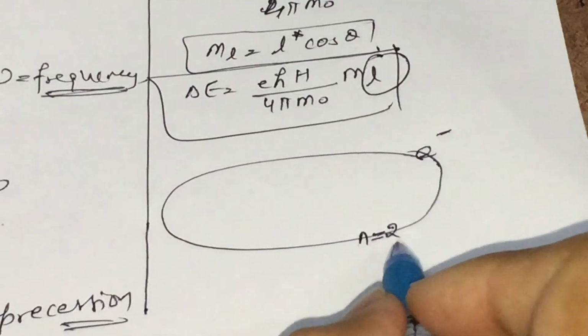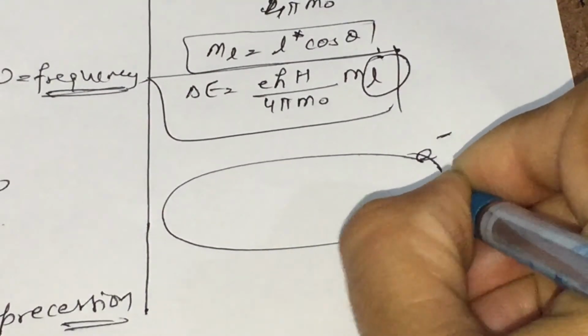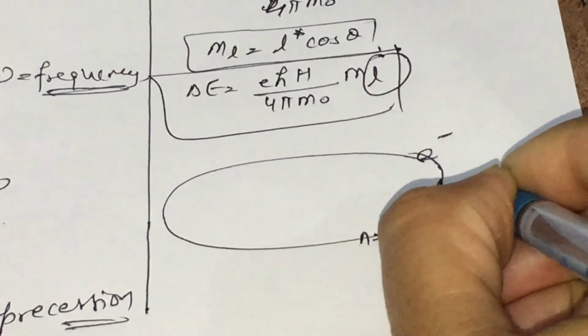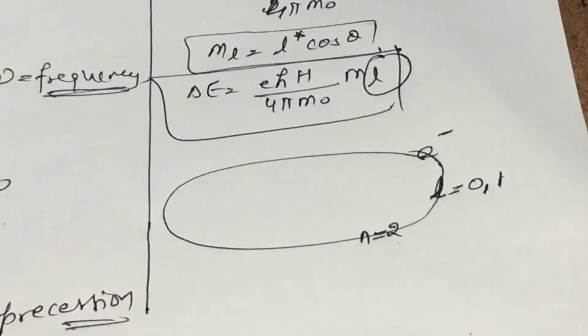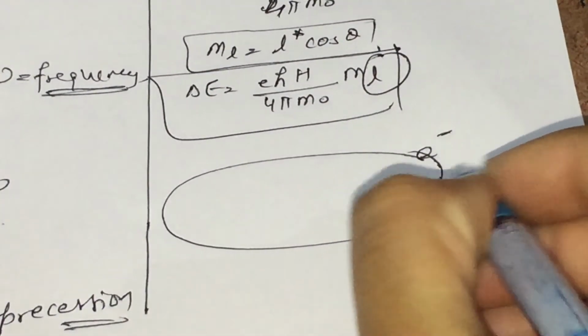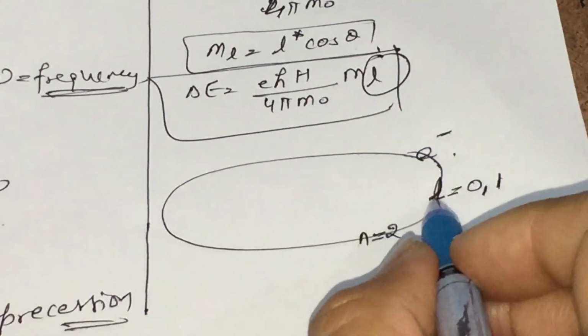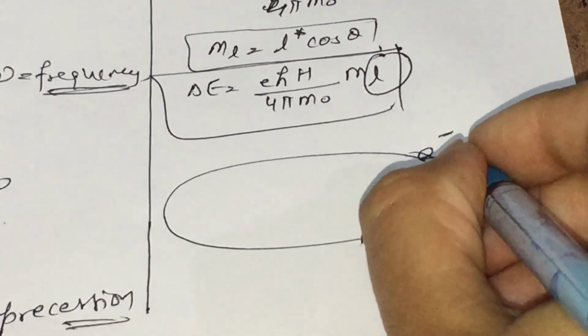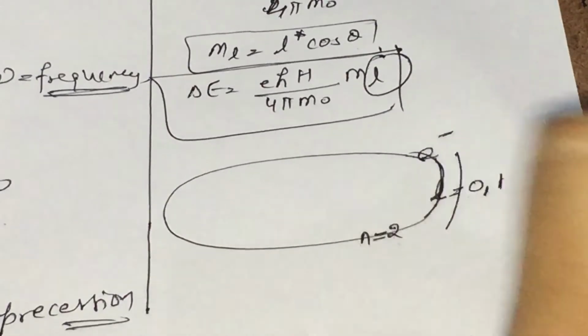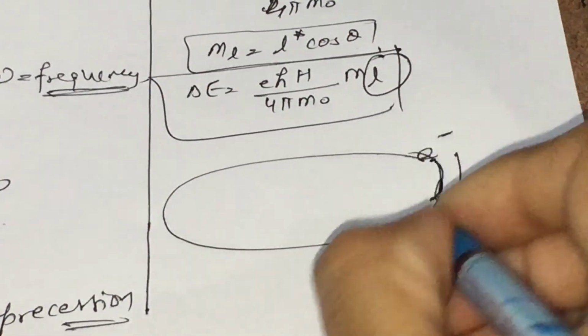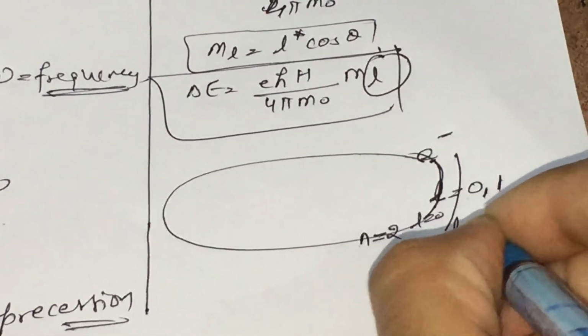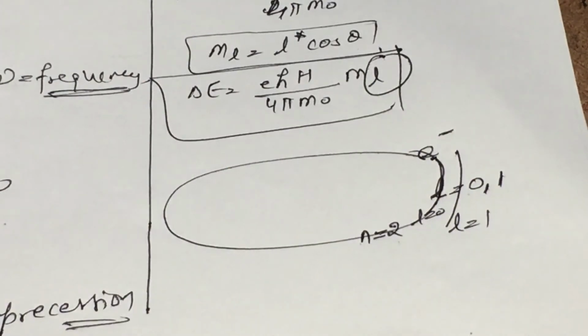We know when n is equal to 2, L has two values, one is 0 and another is 1. And if L is equal to 0 and 1, it means we have two sub levels. One is for L is equal to 0 and another is for L is equal to 1.